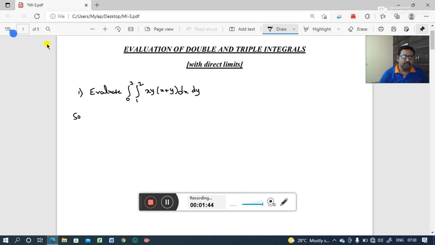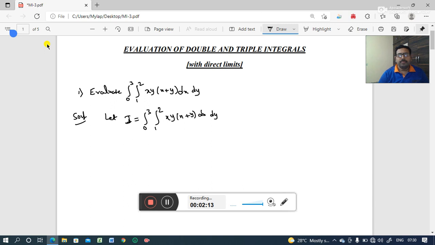Solution: let the given integral be I. I is equal to integral 0 to 3, integral 1 to 2, xy into x plus y dx dy.